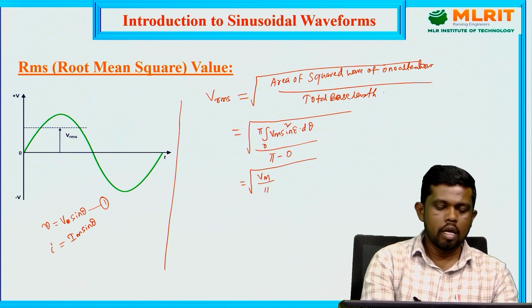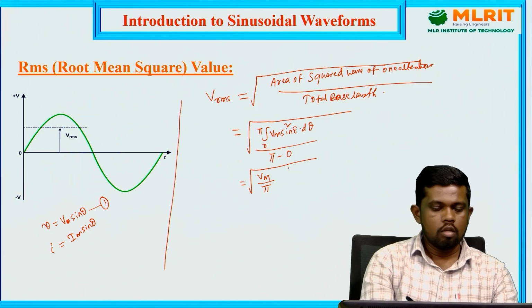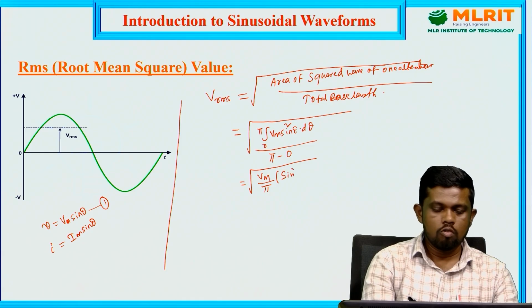We get the square root of Vm square upon pi, then in brackets the integral of sin square theta d theta.